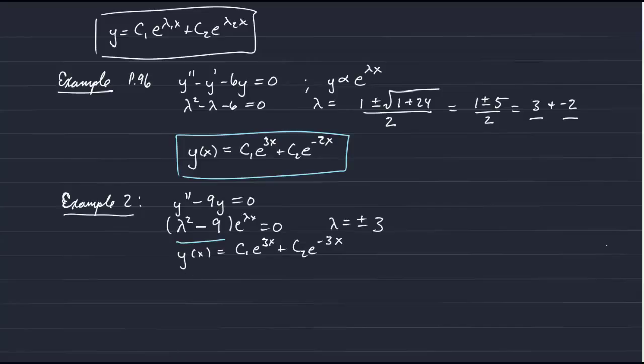And so that's a great way to write the general solution. But an alternative way, as we talked about before, remember e to the x is related to our hyperbolic functions. And so e to the 3x, for example, is equal to cosh 3x plus sinh 3x.